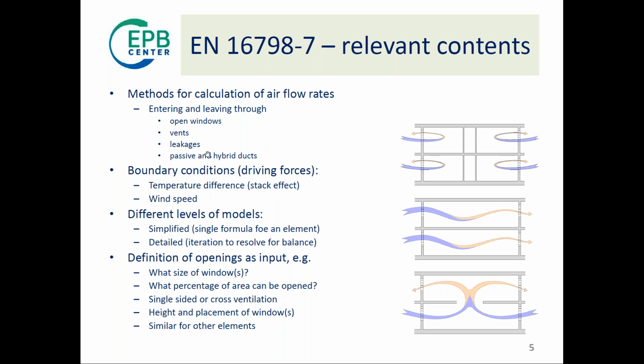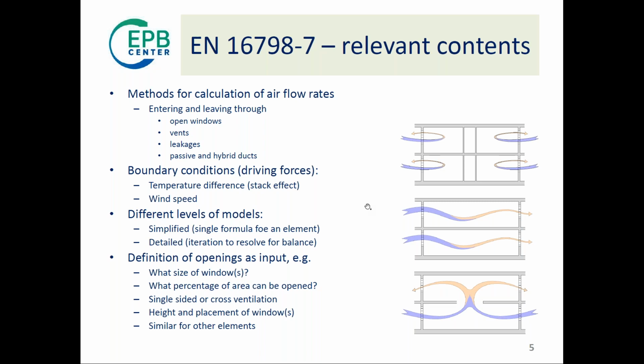So all these elements are covered under certain boundary conditions, such as temperature difference, such as wind speed, depending on the type of ventilation that you have, such as single-sided ventilation, cross ventilation, stack effect over multiple floors, more than one floor, so that these are all aspects that can be considered.